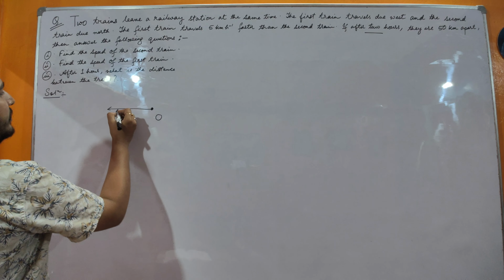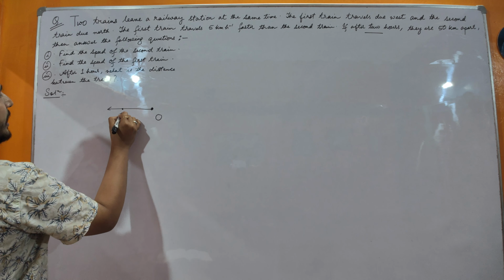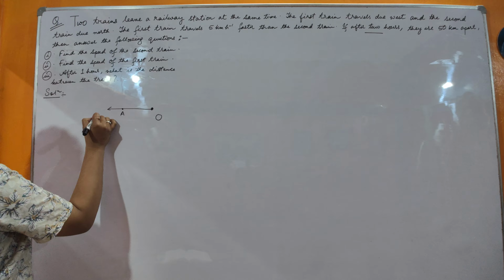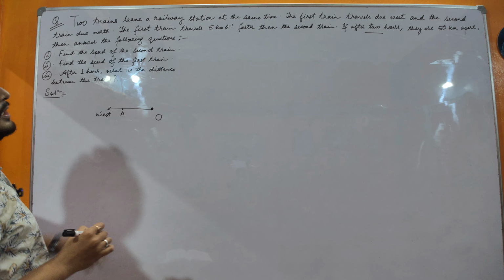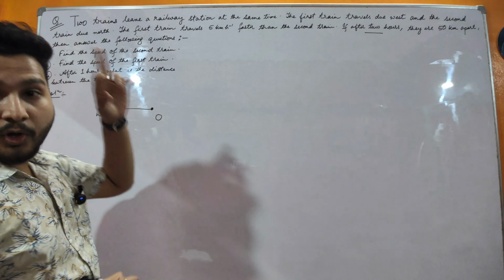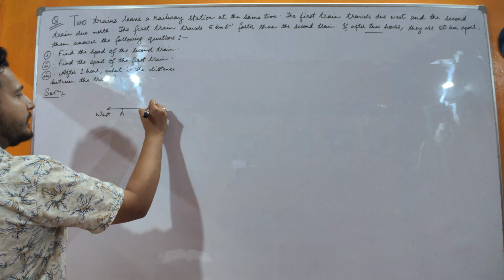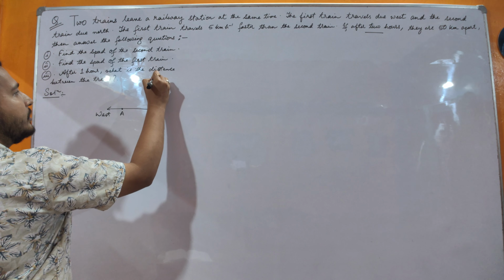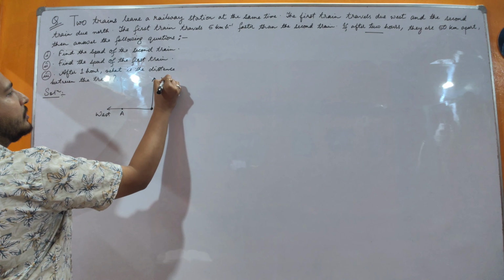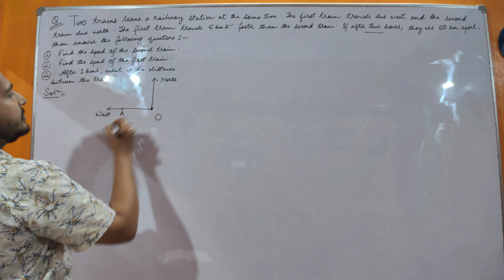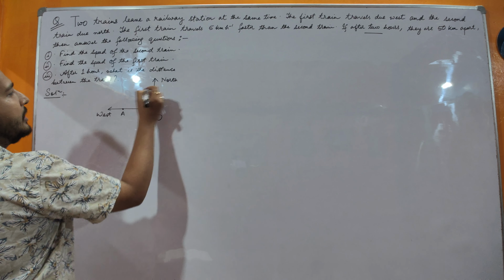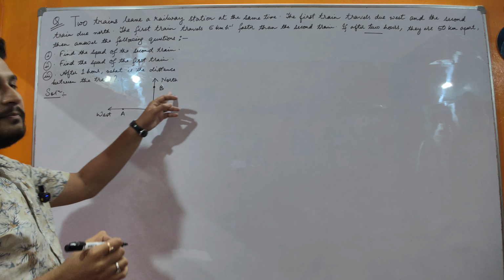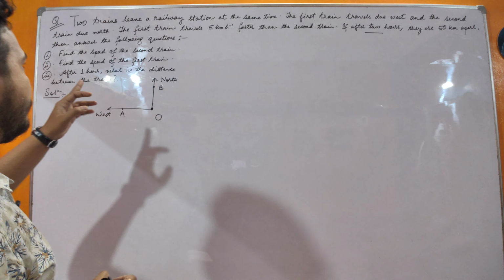First train, we can name this train as A. Train A, that's west. And the second train due north, like this, north. We can name this train as B, train B. So A and B are two trains as per the question.